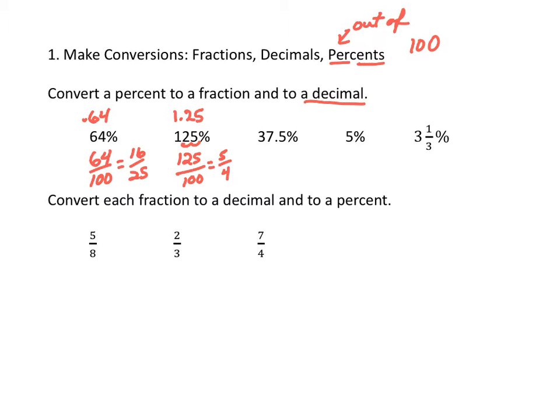So 37.5% would be 0.375. For that same reason, 2 decimal places, because dividing by 100 moves the decimal point 2 places to the left. Now that fraction, if you wrote 37.5 over 100, that's harder to reduce because we have a decimal in the numerator.